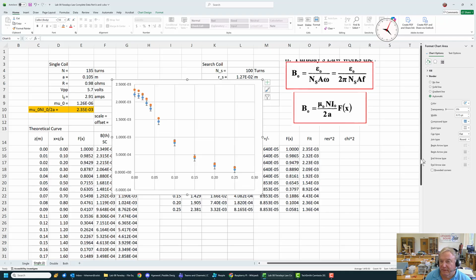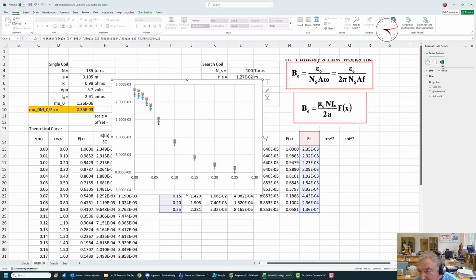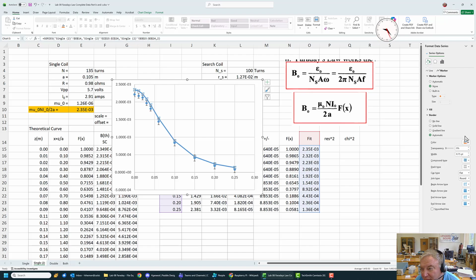Now we'll want to format that because we want it to be a line. And let's see, solid line, marker options, none, and back to the line.